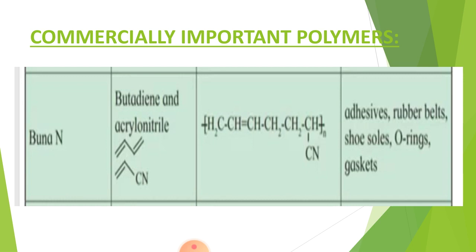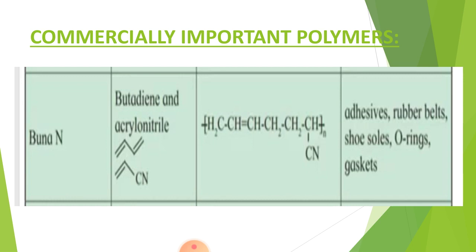So here 4 carbons and 2 double bonds are there. This is one monomer. And the second monomer is acrylonitrile, that is CH2 double bond CHCN, acrylonitrile, or we can say vinyl cyanide.